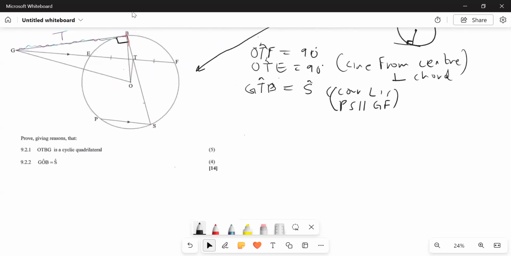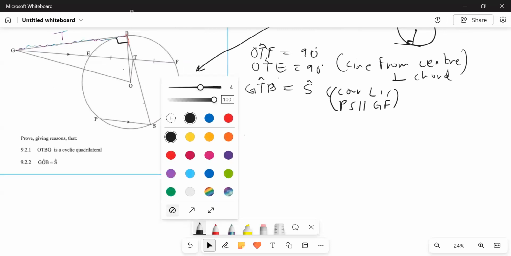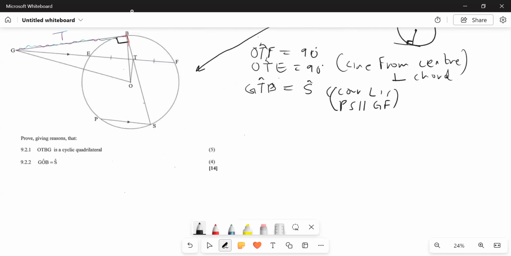Nice. So the question is about proving that OTBG is a cyclic quad, right? OTBG is a cyclic quad.